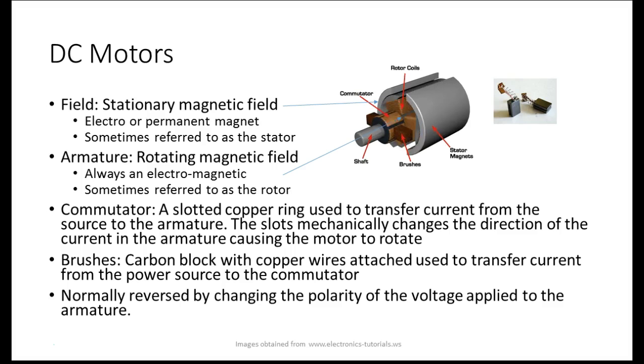Now what's the advantage of an electromagnet over a permanent magnet? You can turn it off and on, and you can control its strength, right? The more current we put through those coils, the stronger the magnetic field.